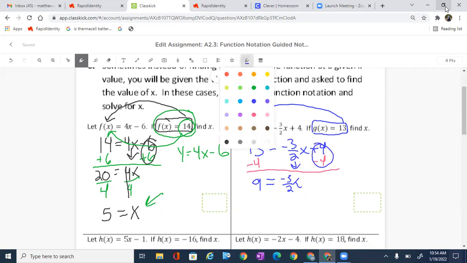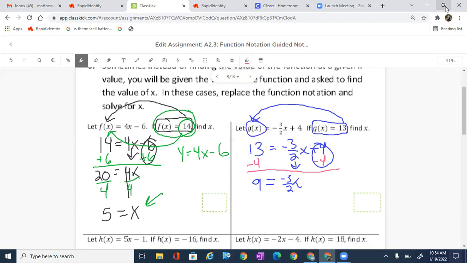Now we do need to get rid of that negative 3 over 2. There's a couple different ways we can do it. The easiest way, in my opinion, is to use the reciprocal of that fraction, which is 2 over negative 3, or negative 2 over 3. What I'm going to do to one side, I'm going to do to the other side. So negative 2 over 3. Negative 2 divides with this 2, negative 3 divides with that 3, cancels out.